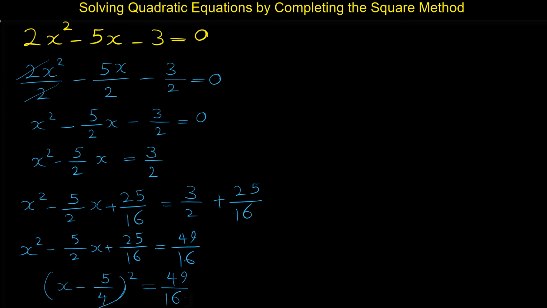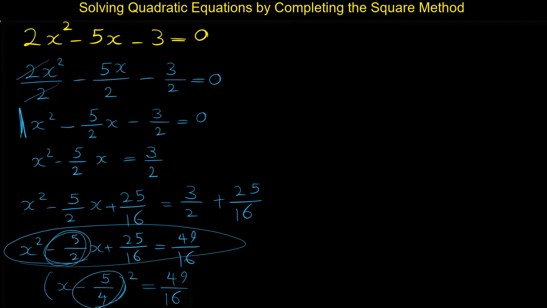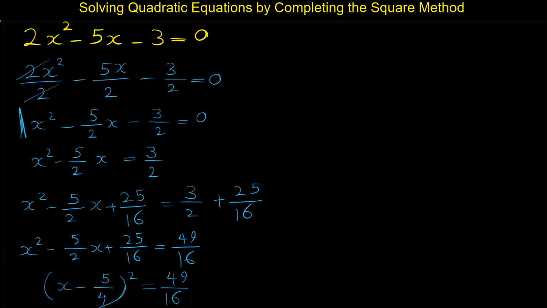Use this equation, where the coefficient of x² is 1, for finding this number. Actually, you can use this equation also for finding this number. Just divide this number, the coefficient of x, by 2. Anyway, don't use the original equation for finding this number.